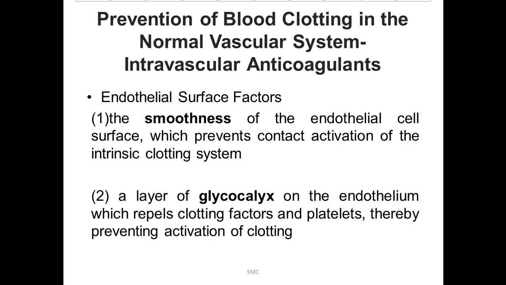Prevention of blood clotting in the normal vascular system. Intravascular anticoagulants. So why normally does blood not clot in our blood vessels? The smoothness of the endothelial cell surface prevents contact activation of the intrinsic clotting system. This is the first reason why blood does not clot in our blood vessels normally.